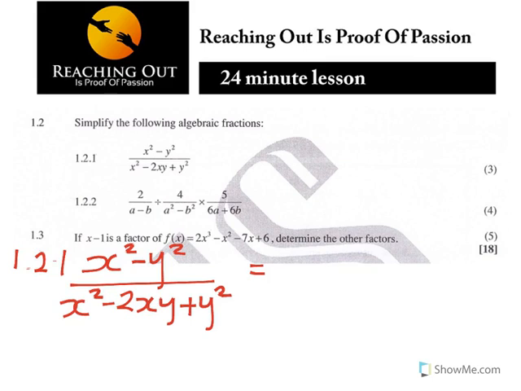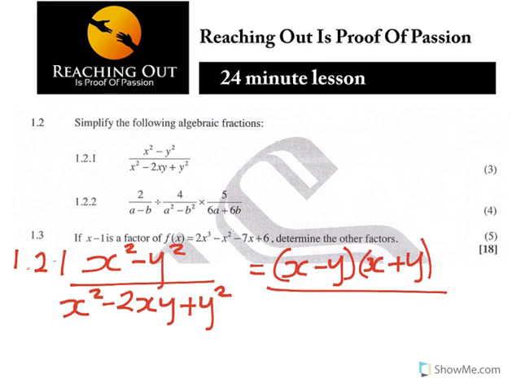Now if you look at the top as a difference of two squares, you're going to have x minus y, and you write again x plus y. After that, divided by, if you use the product and sum, you're going to have x minus y and x minus y.